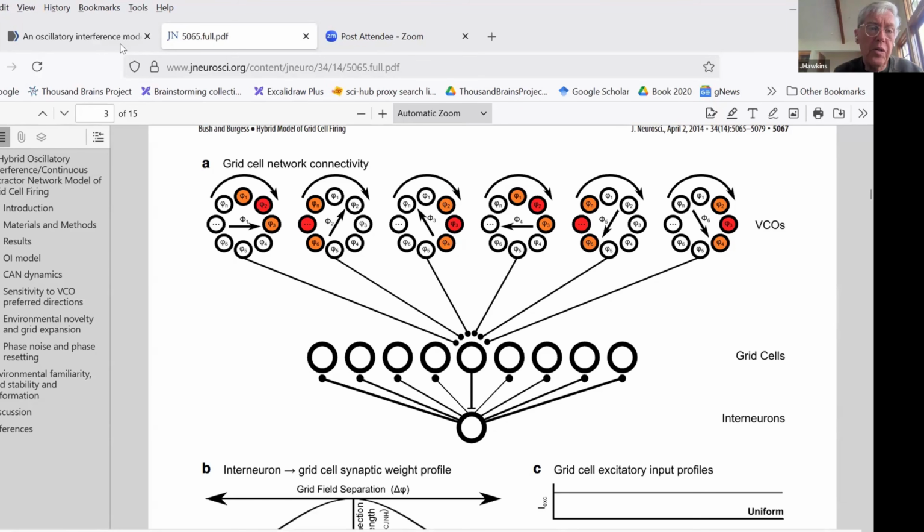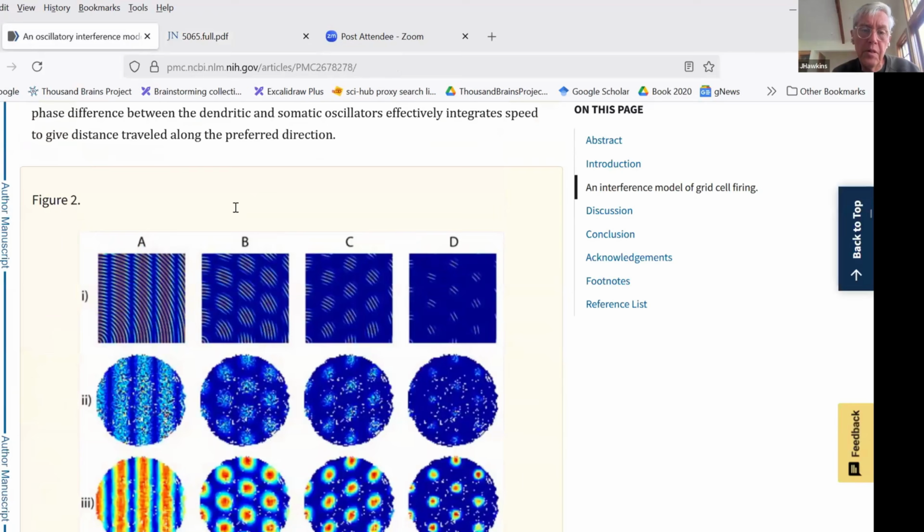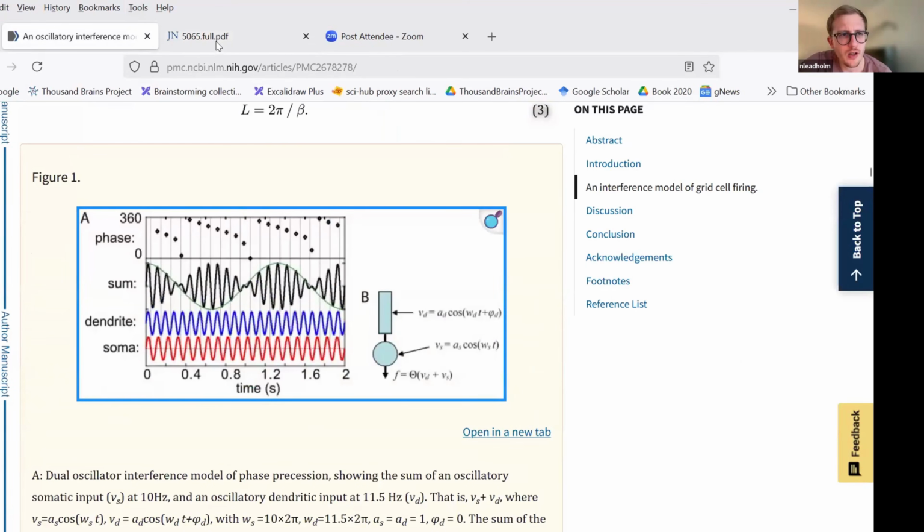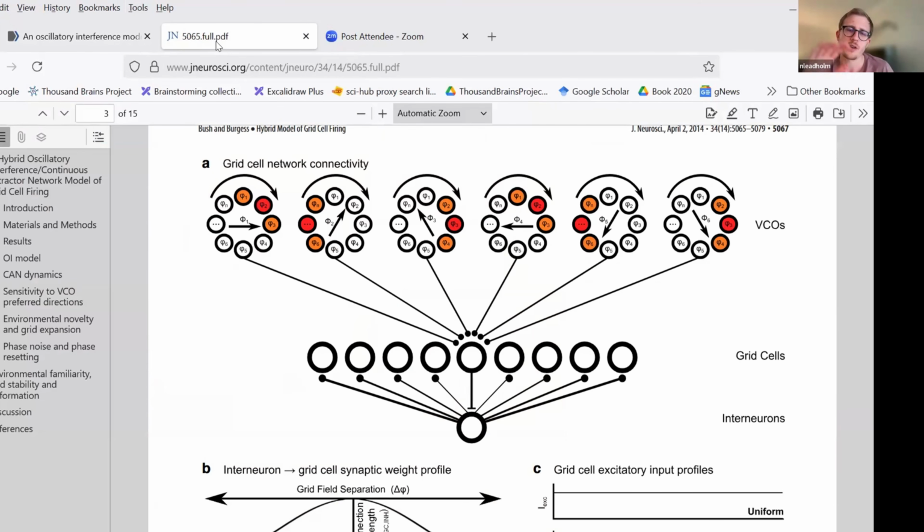Let me just show you the basic idea of the oscillatory interference. This is from another paper. Just on that figure, for clarity's sake, you could have this system in theory set up so that all the VCOs use a rate code.